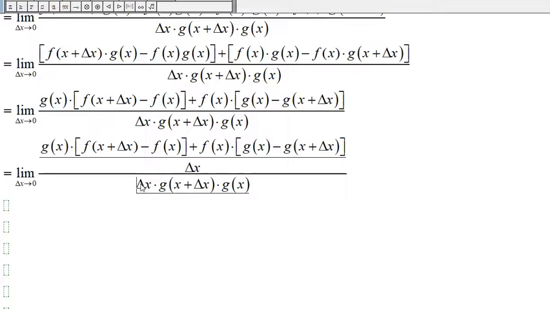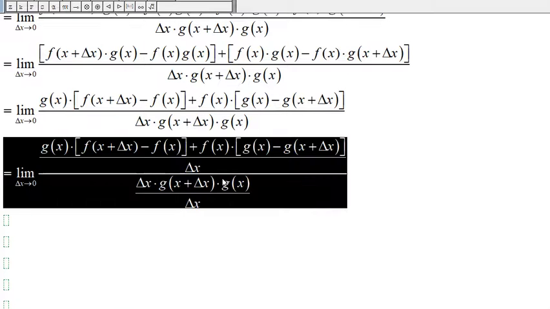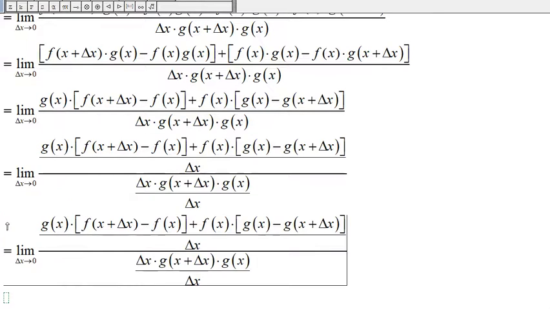And then we're going to divide the bottom by delta x. So we divide the top and bottom by the same thing, so we haven't changed anything. And then the bottom, we just get delta x dividing by delta x, that's just 1, and so we just have this.